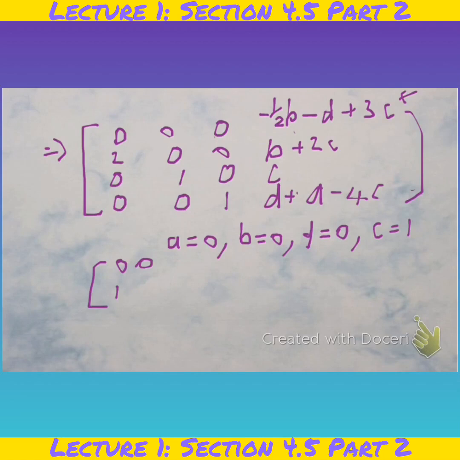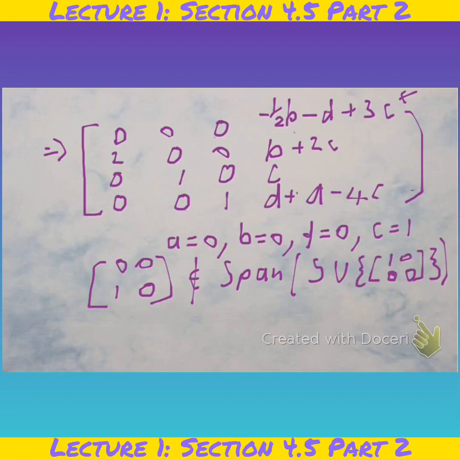So in that case, this vector here, A, B, C, D, is definitely not in the span of my original vector set S union with the other matrix that I chose in the beginning. So by the plus-minus theorem, we can throw this vector into my set, and it is going to be linearly independent.